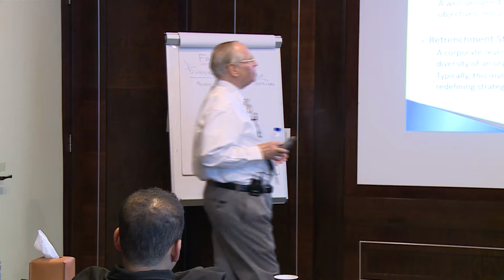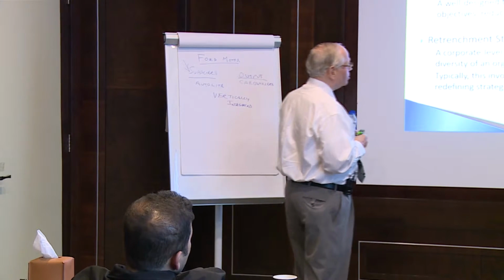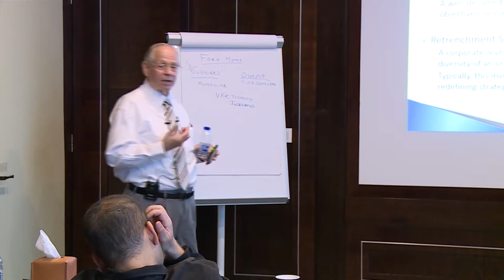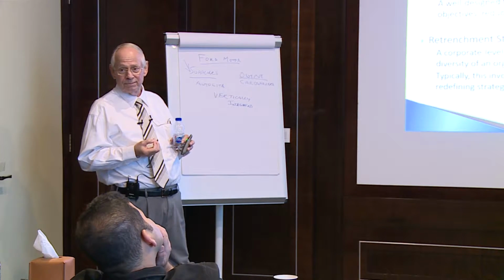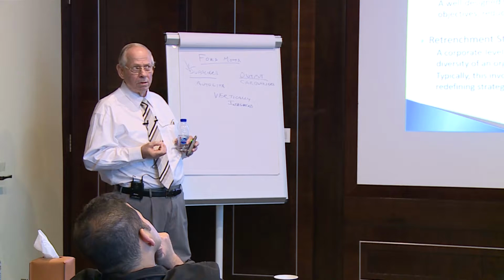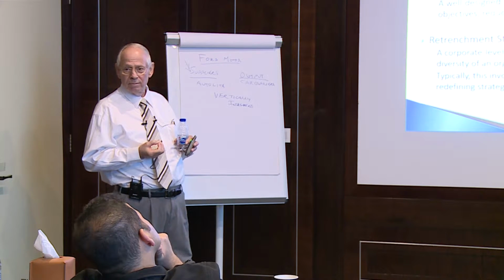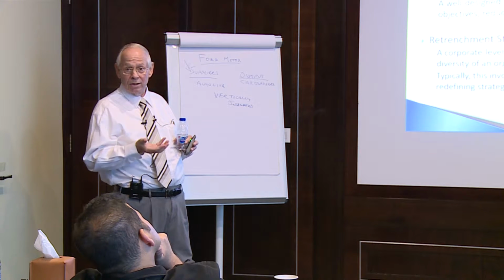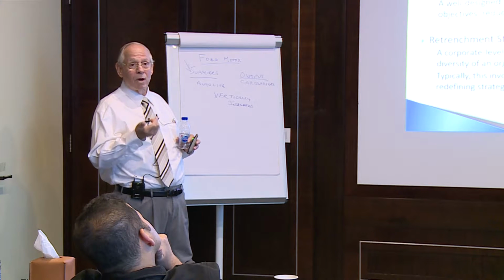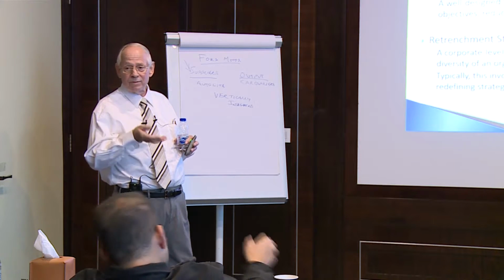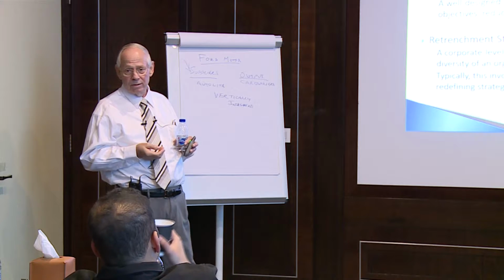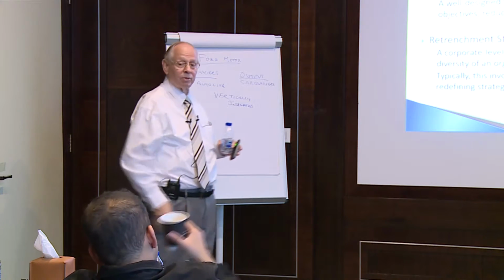And the word restructuring finances in some circles is kind of a politically correct word for bankruptcy. Chapter 7 bankruptcy. They call it reorganization. General Motors, Chrysler, they've been through Chapter 7 bankruptcy, I don't know, two or three times already. Okay, that's a retrenchment strategy.